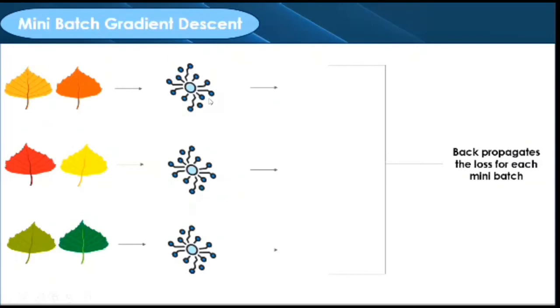With the previously found gradient descent, it then back propagates and finds the updated gradient descent for this, and then it heads on to the third mini batch and updates the gradient descent. So this is what happens in batch gradient descent, stochastic gradient descent, and mini batch gradient descent. When it comes to the advantages of mini batch gradient descent, it can easily fit into memory and it is also computationally efficient.